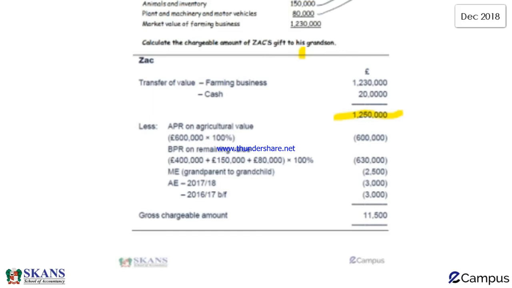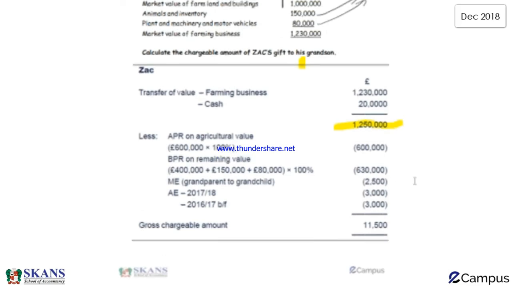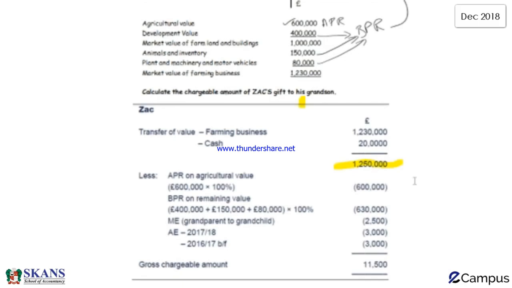I hope you would have a good look, and effectively, if you would have noticed whether there would have been any chargeable amount that would come out of this 20,000, because if you have a closer look at the breakup of 1.23 million, the 600,000 will qualify for 100% APR.